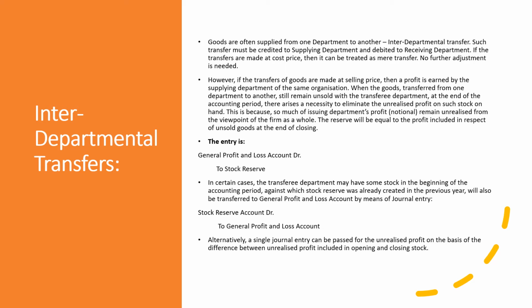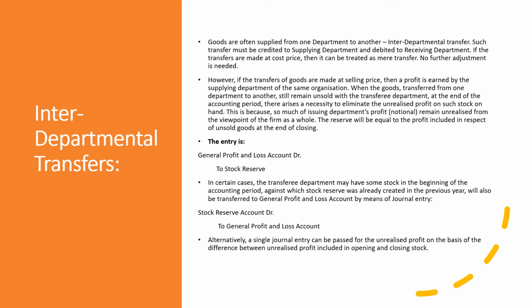In that case, the profit charged by department A is unrealized by the firm as a whole. So you need to make an adjustment for the stock reserve, or you need to check what is the unrealized profit which is included in the closing stock of the transferee department. Fine.